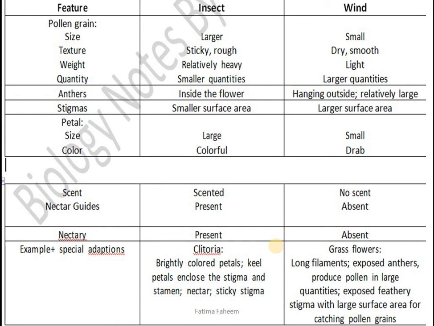The examples of the respective flowers which are pollinated by insect and wind are given here, and I have summarized all the features of insect pollinated and wind pollinated flowers with their examples.